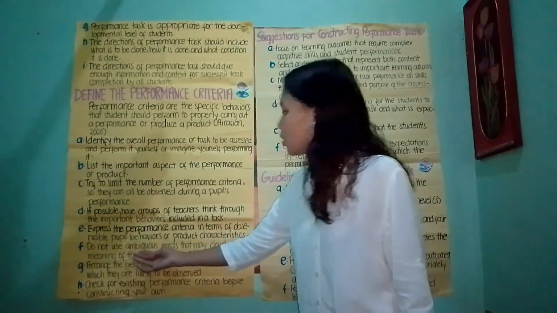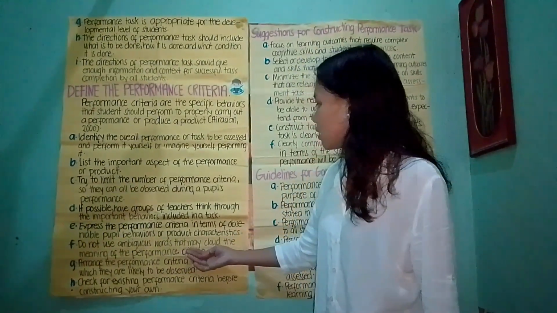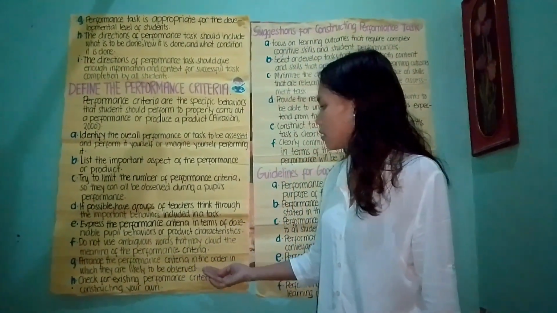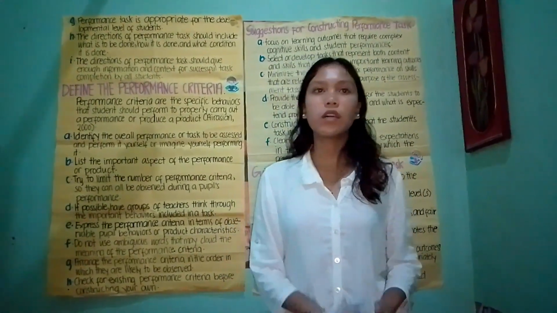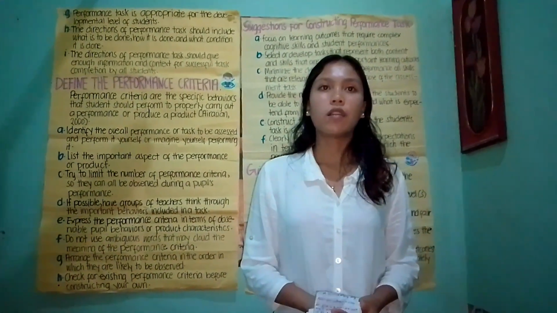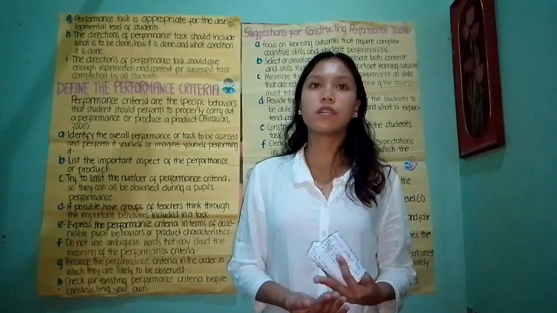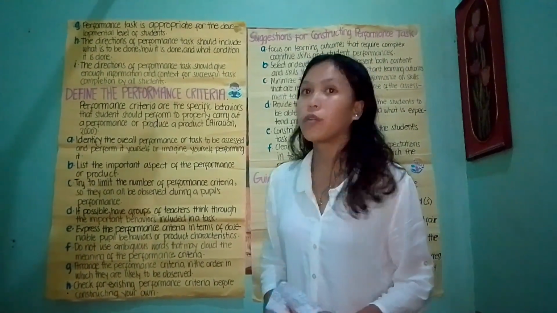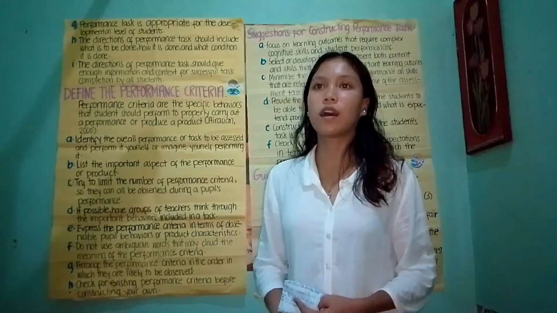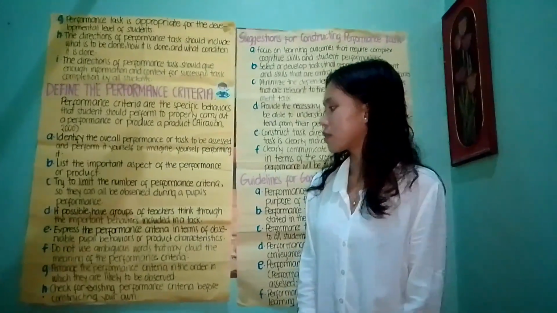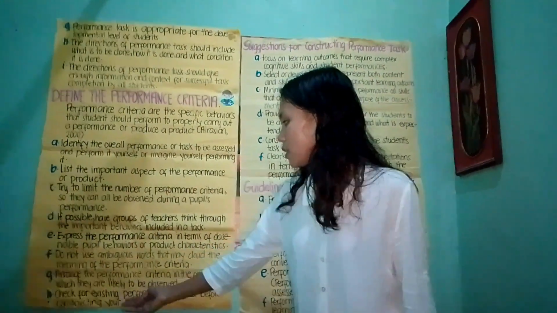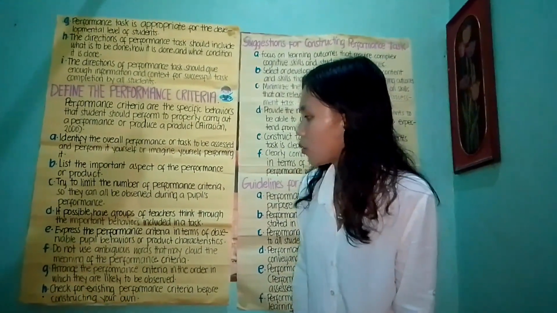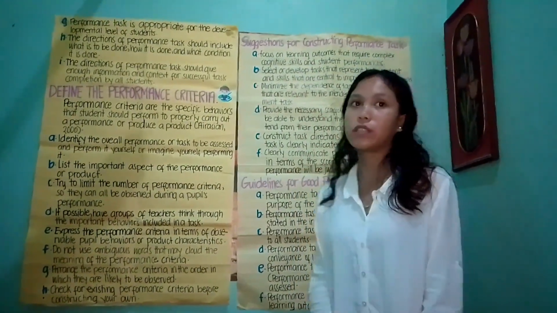F is do not use words that may obscure the meaning of the performance criteria. And for the letter F is avoid vague or confusing words in writing the criteria. Letter G is arrange the performance criteria in the order in which they are likely to be observed.